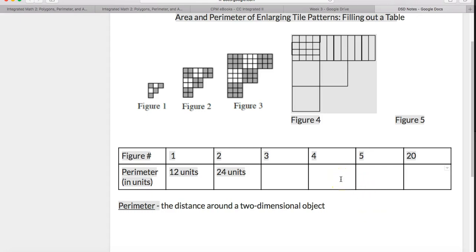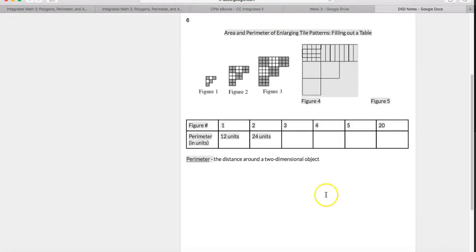Okay, so hopefully you were able to figure out the different perimeter measurements of all your figures. And if not, you can come ask me for help in workshop. The next table we're going to make after the perimeter table is an area table. So you're going to create a similar table.